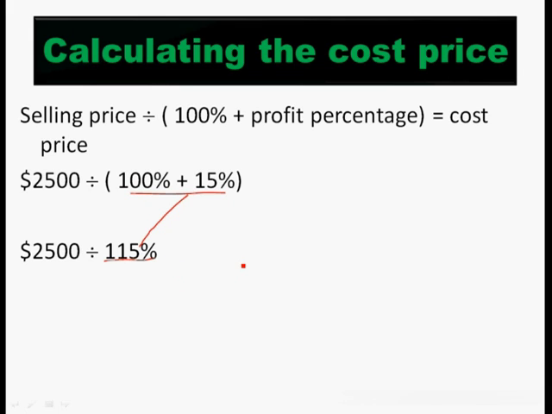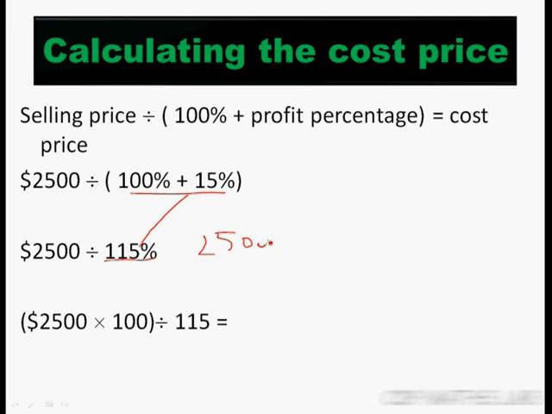What's the answer? Alright. First thing, you might want to know how I got that: 2,500 divided by 115 over 100. Now it looks like a fraction, division of fraction, doesn't it?